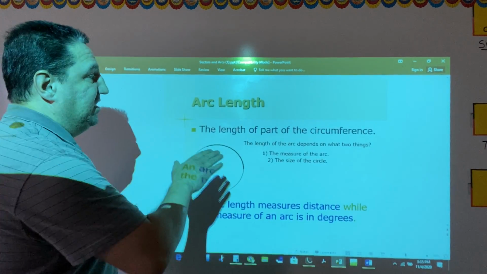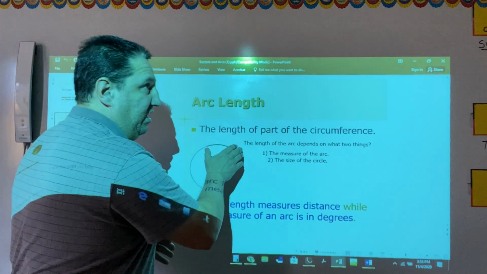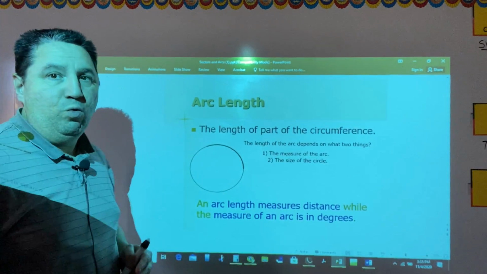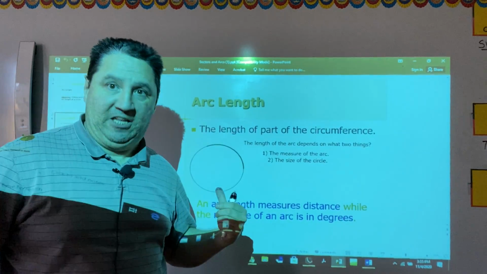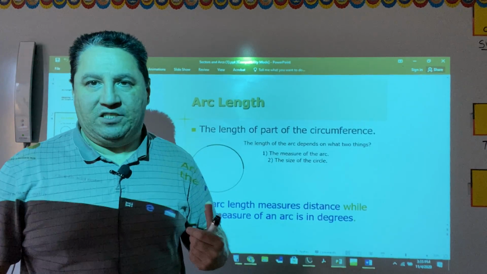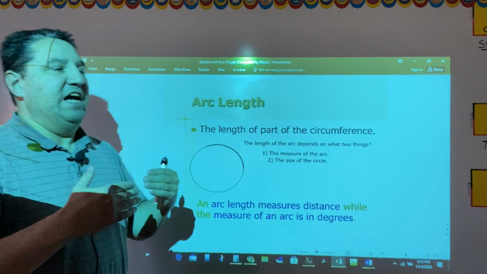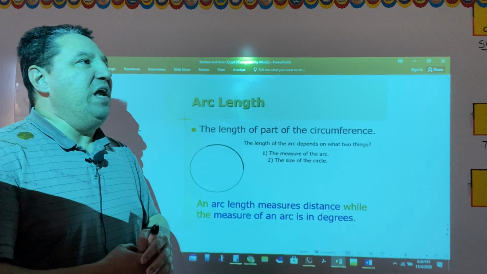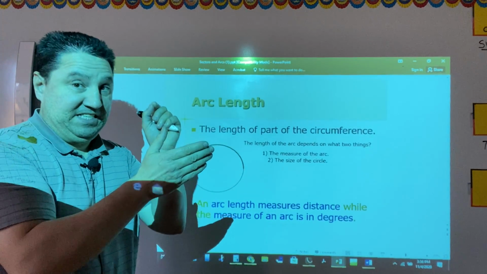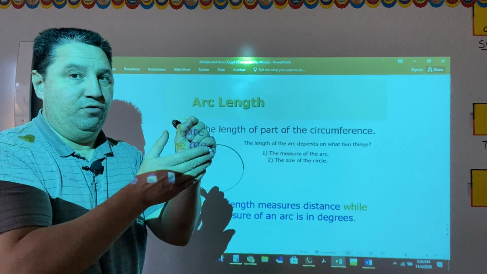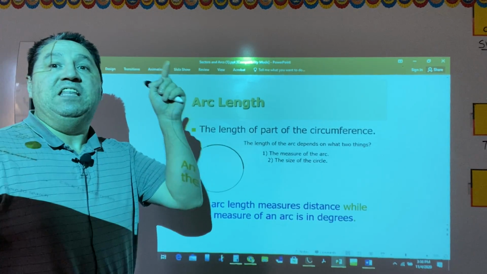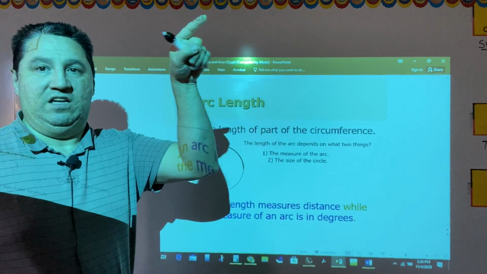Why? Because the measure of an arc is associated to its central angle, as we had in the previous lesson. In that lesson, we learned that the measure of the central angle of a circle is the same as the measure of its intercepted arc.